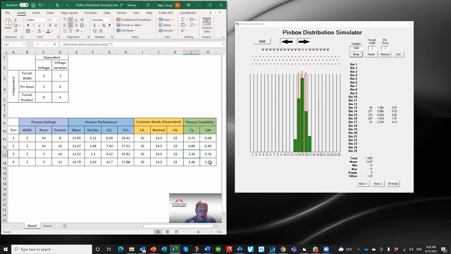So I adjusted the funnel 2 positions to the right. And now I got the process capable and producing all good parts. So this is an example of how we use process characterization, how we tie that to the process itself, and improve the process capability to satisfy our customer needs.